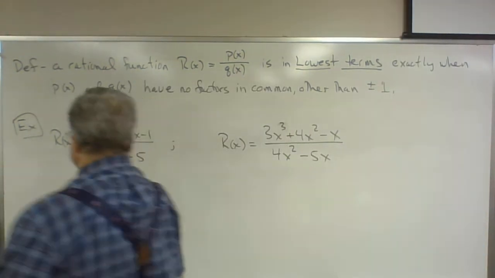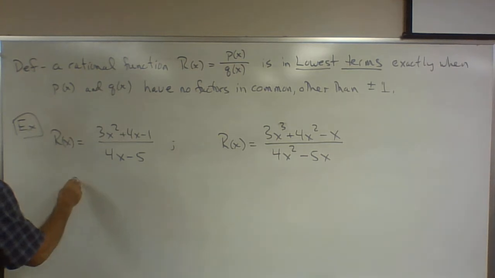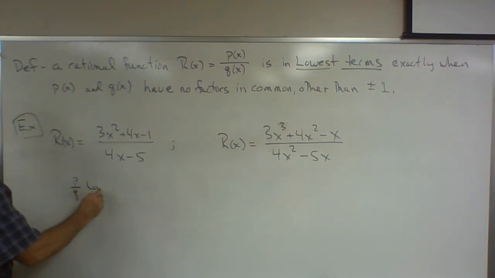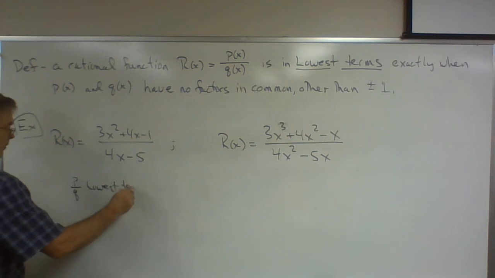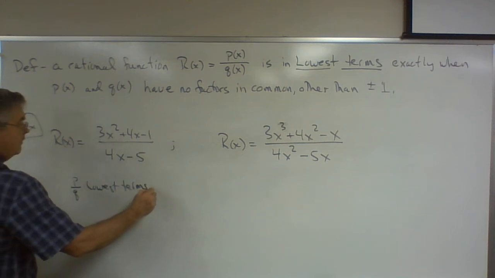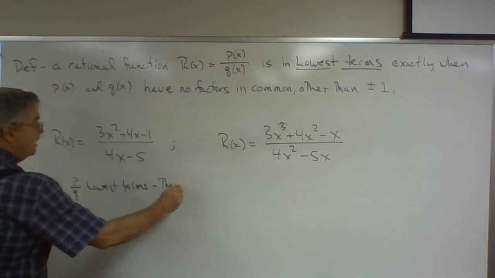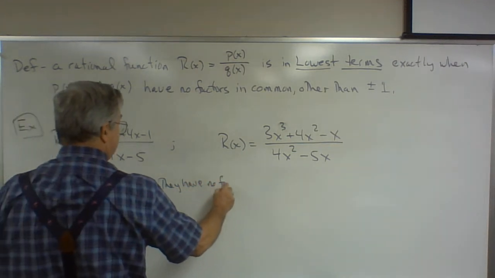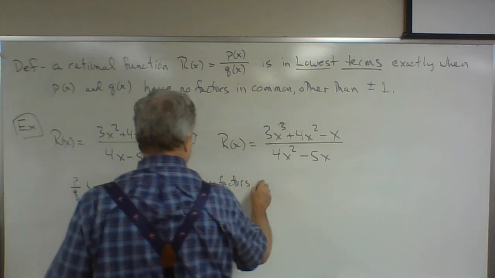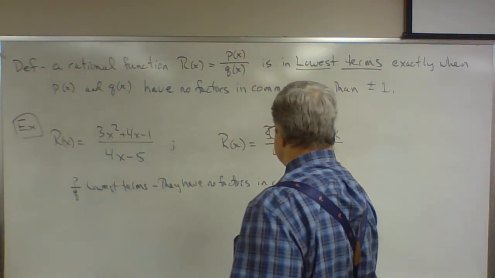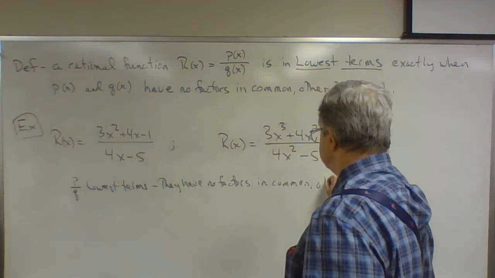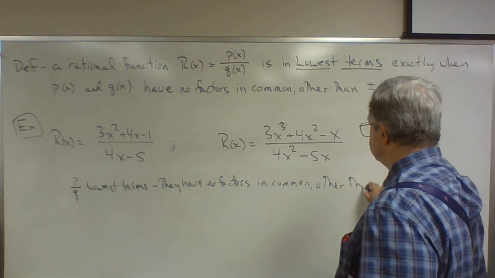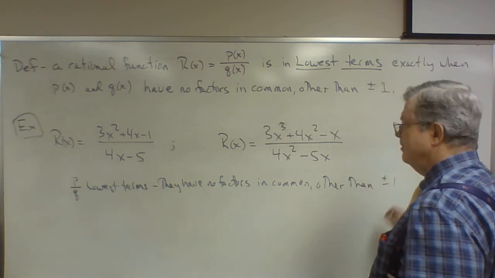A fraction p over q is in lowest terms if they have no factors in common other than plus or minus 1.